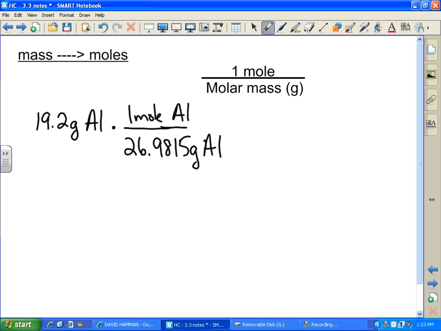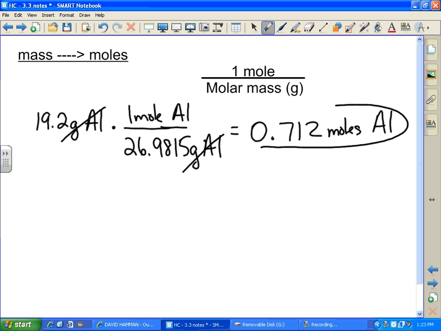Now we start out with grams, and we're able to cancel them out. Pick up our calculator. And again, just in these examples, I have a lot of 3 significant figure answers. 0.712 moles of aluminum. And again, as we're checking through that, it's good not to try and memorize multiply and divide, which is very tough. You start with the number you're given, and set up the conversion factor so terms cancel.